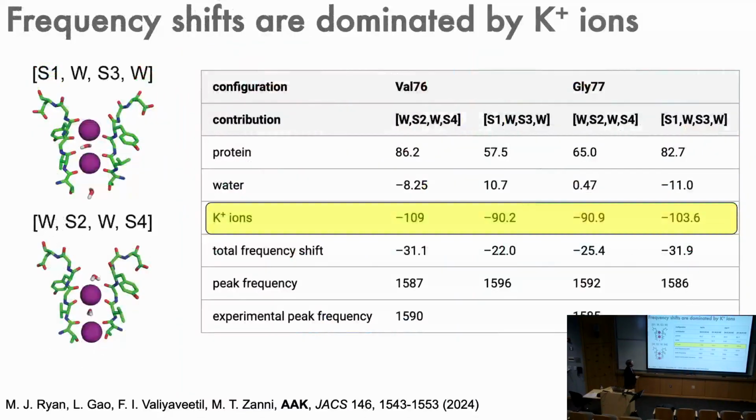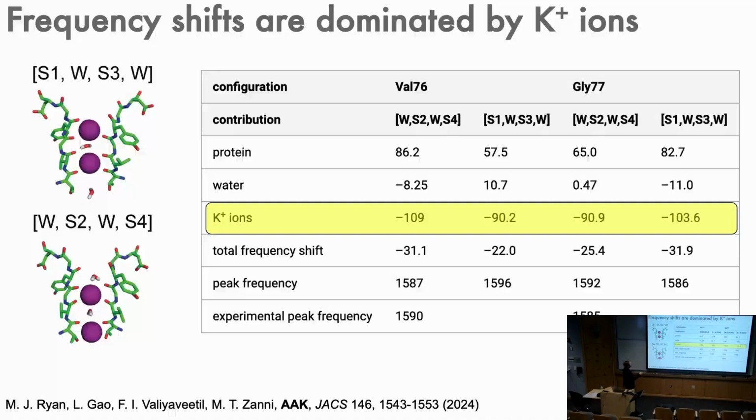And here's the answer. This table gives you the frequency shifts due to various components. The protein, electrostatic environment, and structural changes cause a frequency shift of between 50 and 80 wave numbers, but water causes a very small frequency shift.